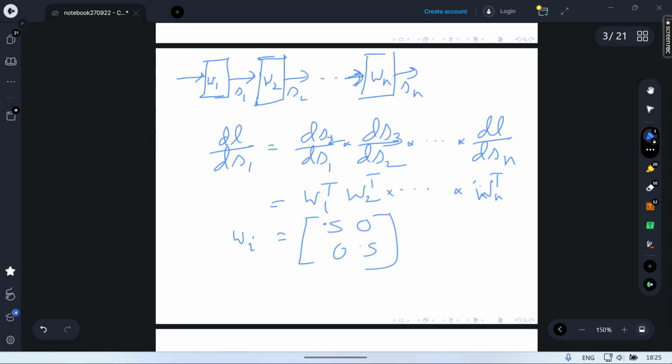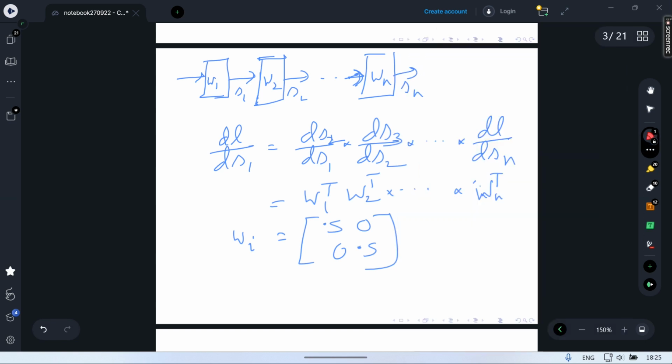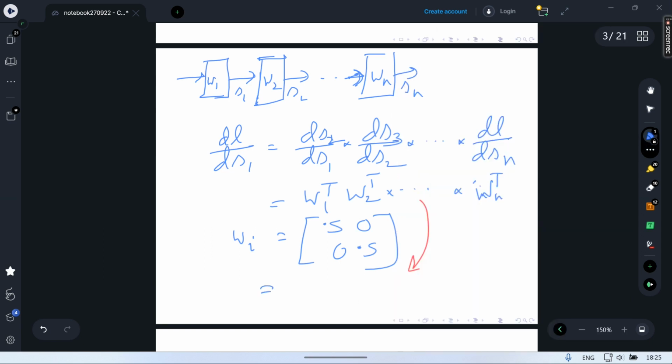Okay, so for example, on average, the matrices take these kinds of values. Then what will be the value of this resultant multiplied matrix? In that case, the final resultant matrix will be, say, 0.5 to the power n, 0, 0, 0.5 to the power n.